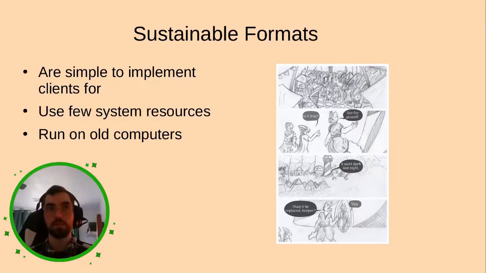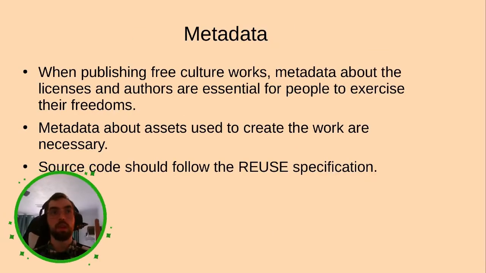GemPub is also a very simple sustainable format. They use few system resources, and they run well on old computers. By old, I mean 20 years old or older. We should try to support old computers as long as possible to make sure we're being environmentally responsible.